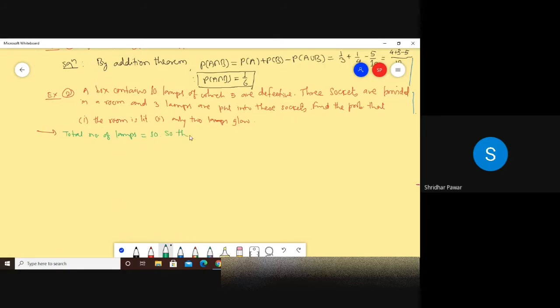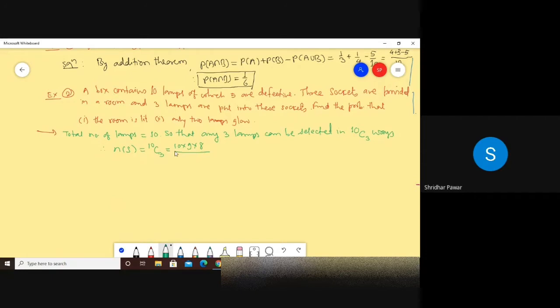so that any 3 lamps can be selected in 10C3 ways. Okay, so therefore n of S is 10C3, so 10 into 9 into 8 divided by 1 into 2 into 3.